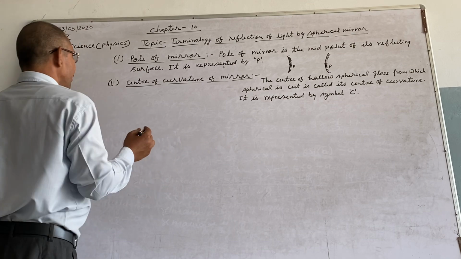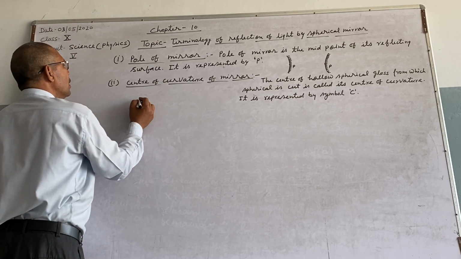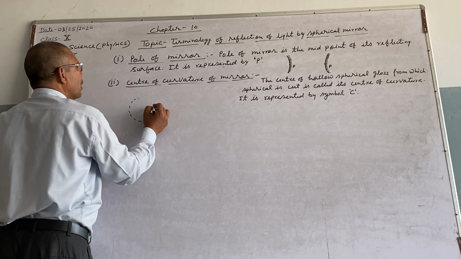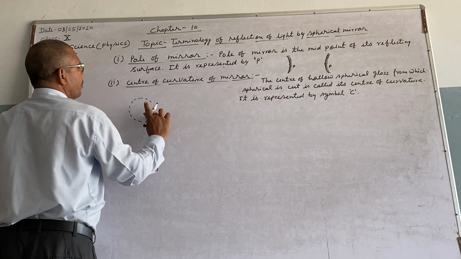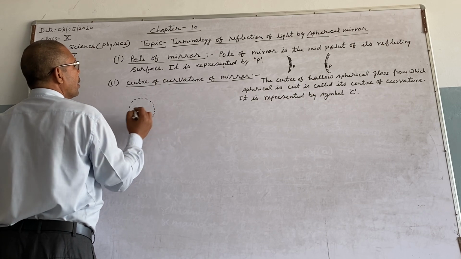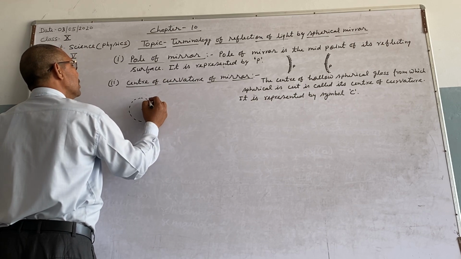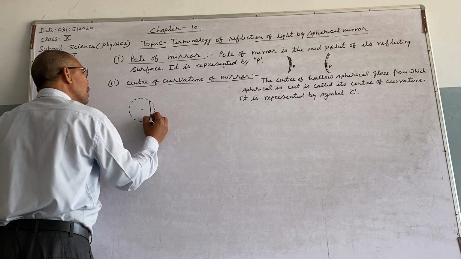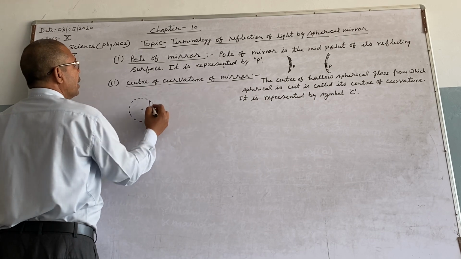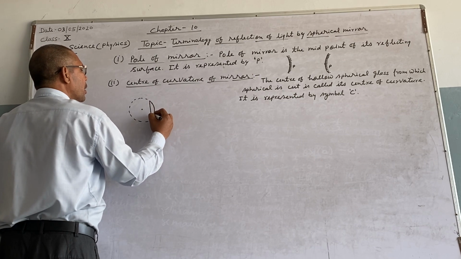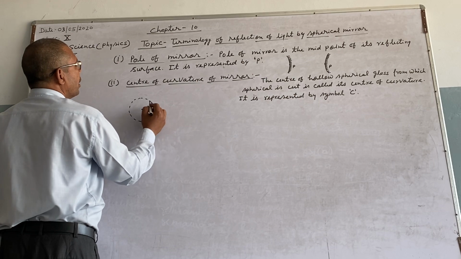See here, this is hollow spherical glass, and its one part is cut to make a spherical mirror.